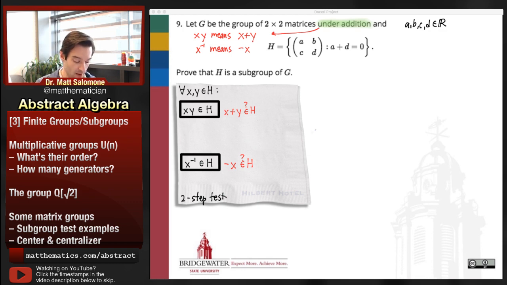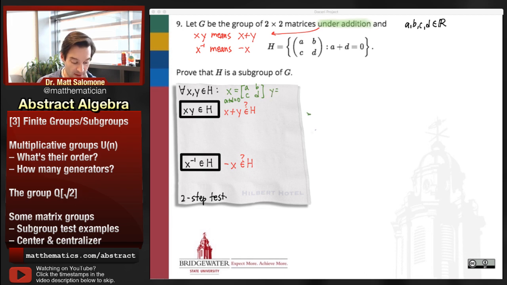All right, so on our napkin, then we just have to figure out why this is the case. So if you've given me an x and you've given me a y, it means that x is a 2 by 2 matrix. Let's call it A, B, C, D. And we know that A plus D is equal to 0. It's a trace-free 2 by 2 matrix.